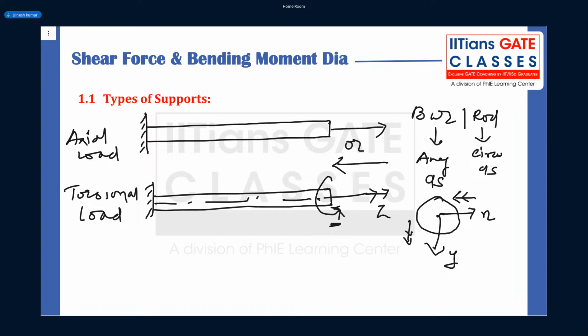So if this couple is applied about x and y axis, then it is known as what? Is it torque? Anyone? Mohit, Priyanka, it is known as what? Is it shear?